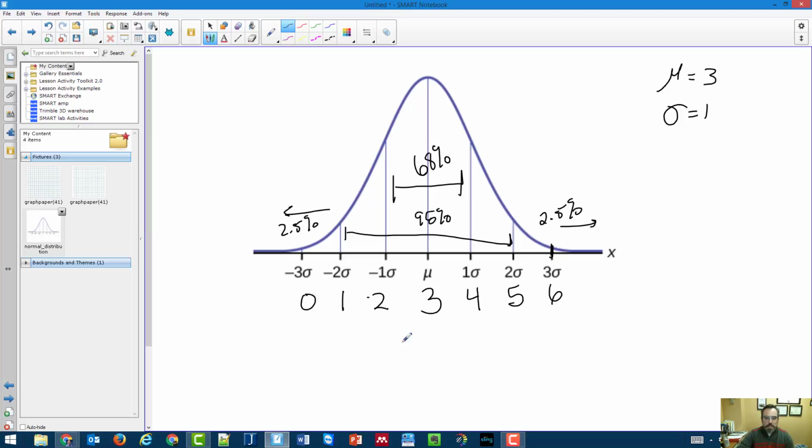Keep in mind that for the standard deviation, this chart doesn't change. The percentages don't change. The only thing that changes is what your mean is and how far each standard deviation is away. So hopefully that will help you understand a little bit more about standard deviation and the normal distribution.